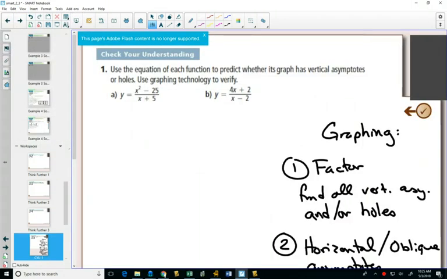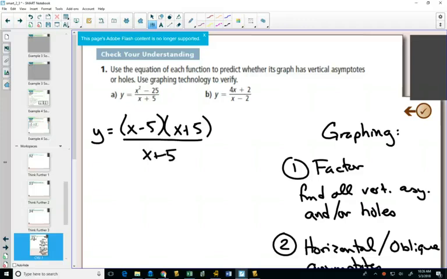Okay, so what are we going to do for this equation? The question is just asking about vertical asymptotes or holes. We're going to graph it completely and follow these steps, so you get used to that. Well, it's really asking just about step 1. So step 1, you would factor completely to begin with, which gives us x plus 5, x minus 5 over x plus 5.